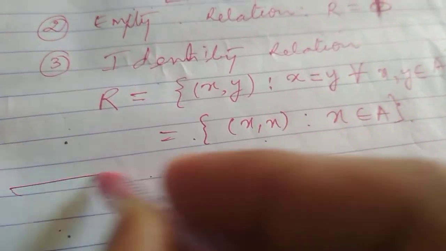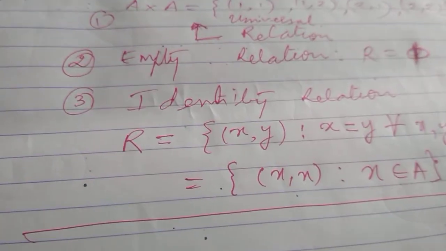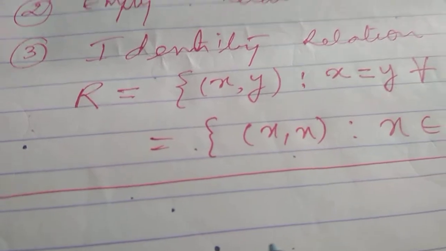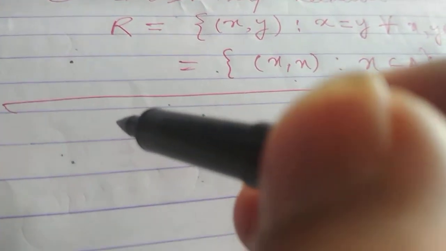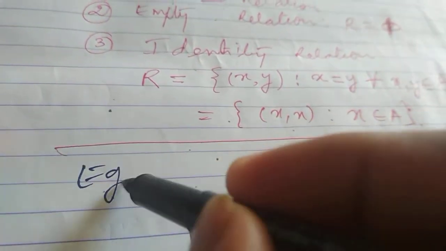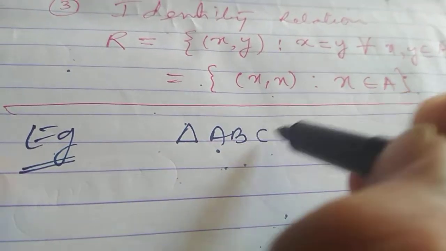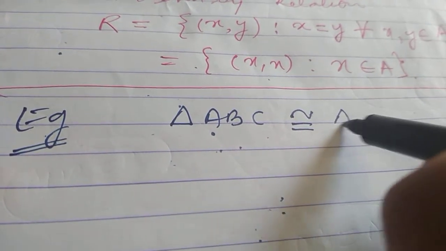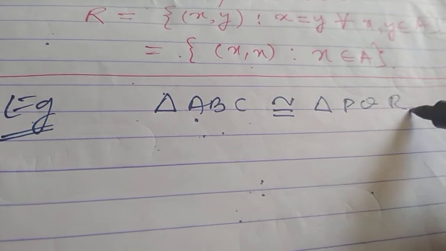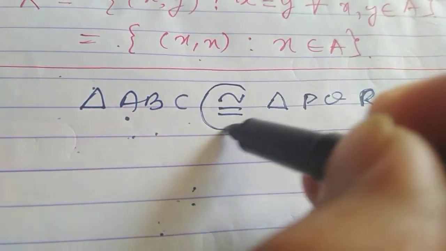Now, in class 12th, we are going to study relations which are equivalence, symmetric, transitive, and reflexive. And with the help of an example, I would like to start. The triangle ABC is congruent to triangle PQR. Suppose this is one relation, the congruency relation we are talking about.